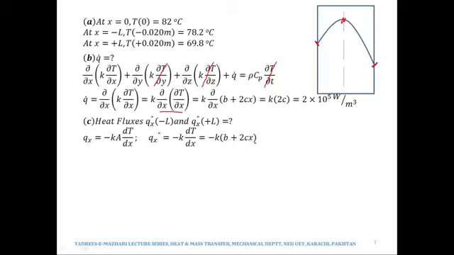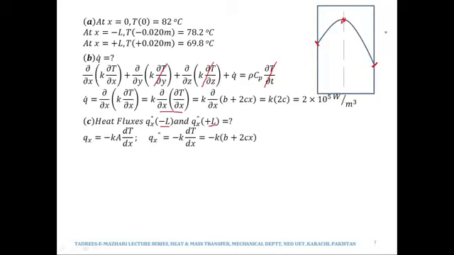2Cx. Now we have to find out the heat fluxes at the two phases, at minus 20 millimeters and at plus 20 millimeters. So we are given the values of B and C, all we need to do is put x as minus 20 millimeters after converting it into meters, and then secondly put x as plus 20 millimeters. So we will get the heat fluxes at the two phases.